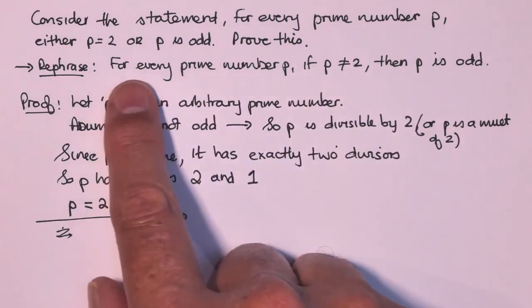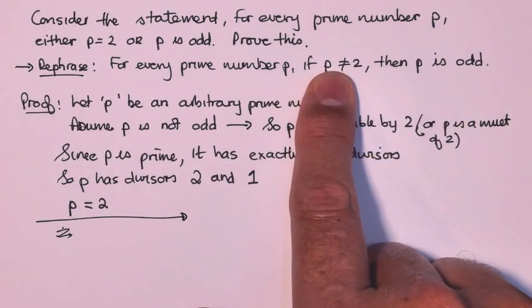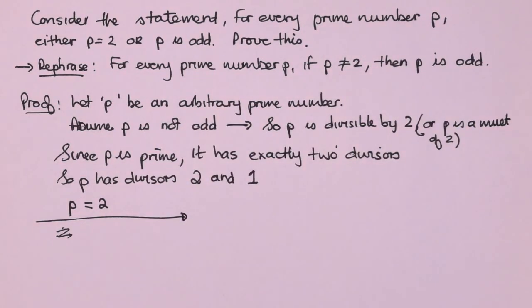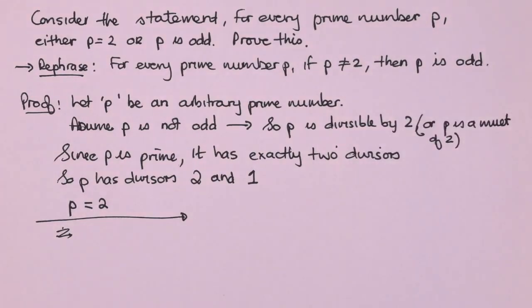So we were assuming that there's a prime number p, we're assuming that it's even, and then showed that if it's even, it can only be 2, which is what we did here. So we proved that statement by proving its contrapositive is true.